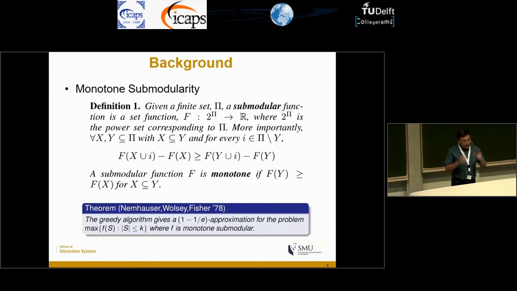Now, it turns out that maximizing a submodular function is an NP-hard problem in general.